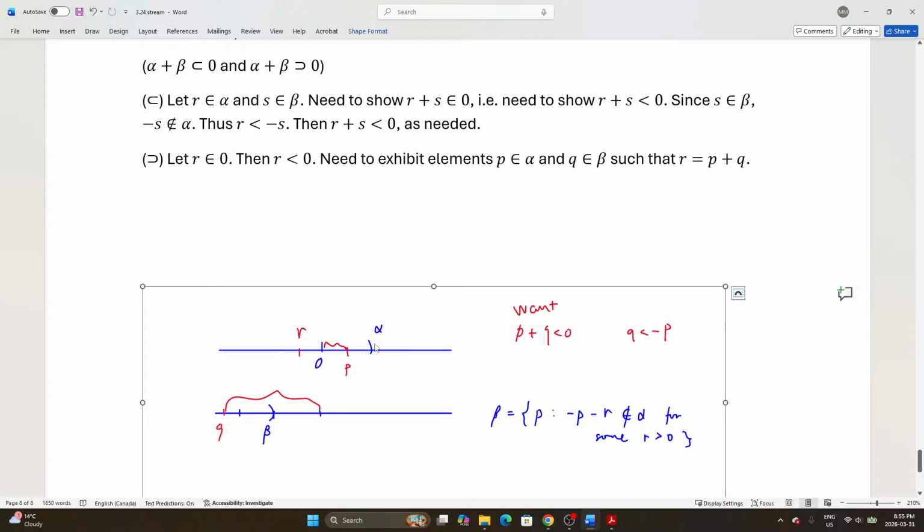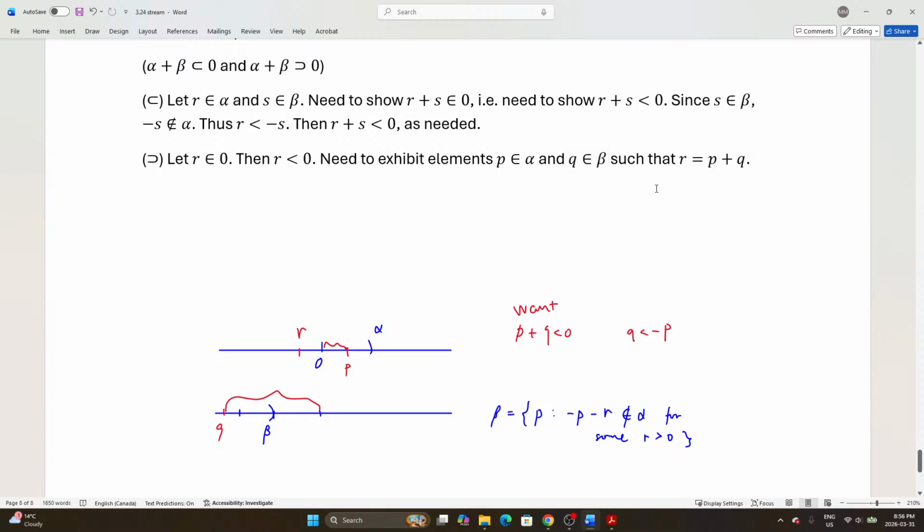But we don't know if alpha is actually as shown in the picture. Here alpha is taken to be a positive real, but it doesn't have to be. I want to say some positive is in alpha, but the picture is not the general situation. Regardless, let's construct a positive number anyway.